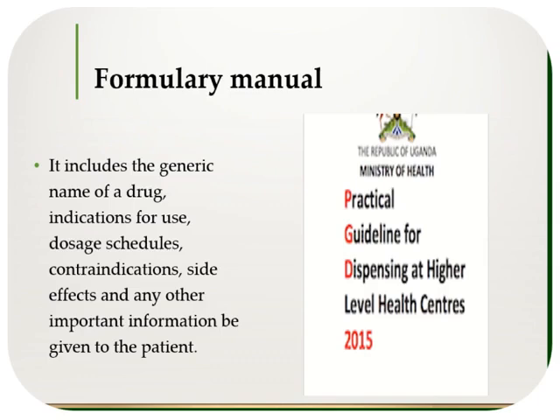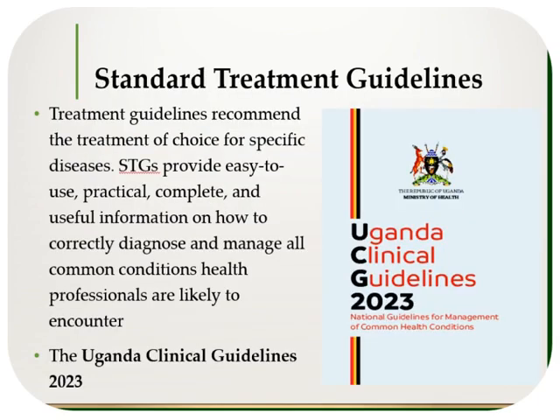This one is the Uganda Clinical Guidelines, the UCG. This is a common book. You can easily get it if you want it today. These are books to get. It has the diseases, the treatment of choice for specific diseases, and practical, complete and useful information on how to correctly diagnose and manage all common conditions likely to be encountered in Uganda and in other countries.